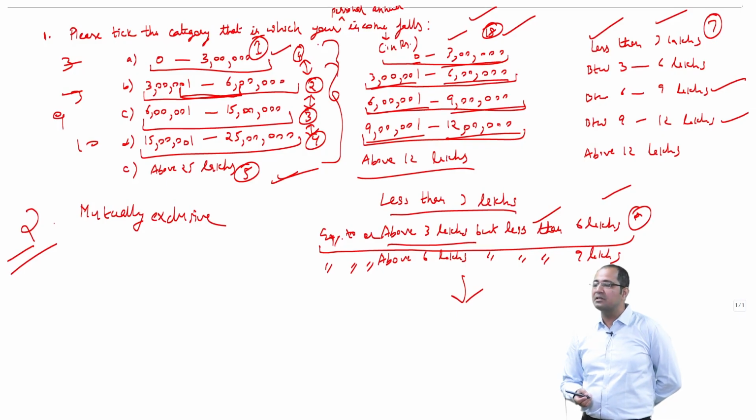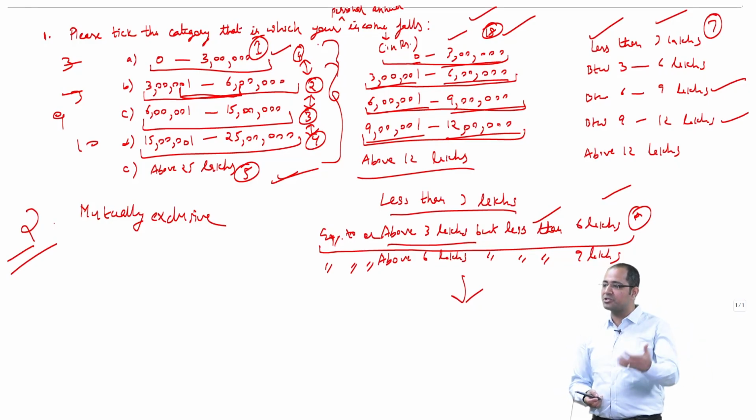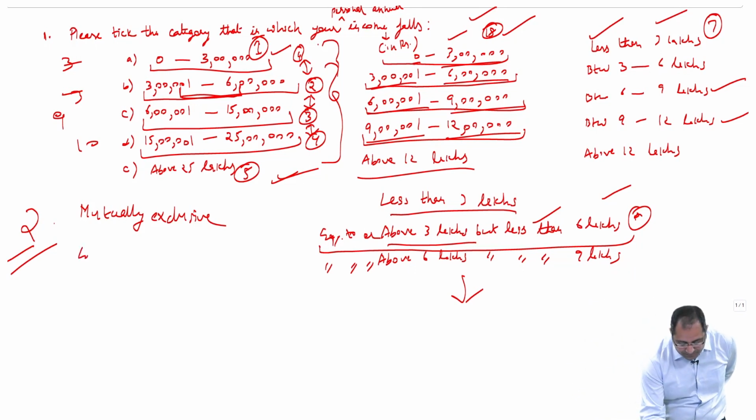We have to keep the categories in such a way that there is no overlap, which means there is no confusion. A respondent can fall into any one of the categories, but not more than one. That is mutually exclusive.